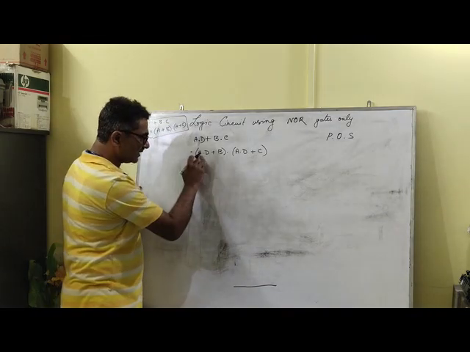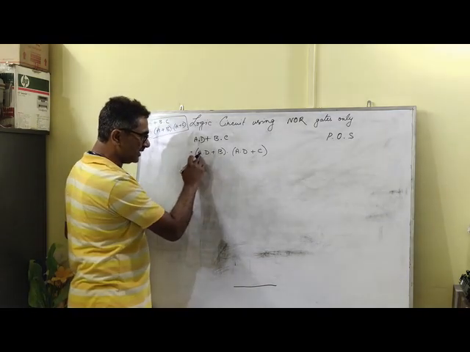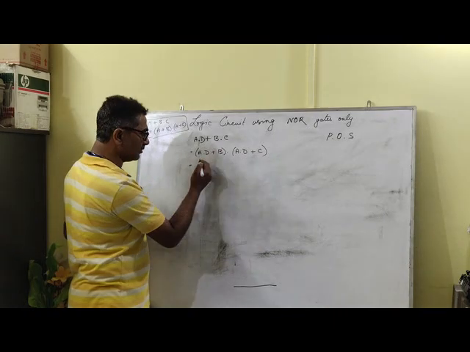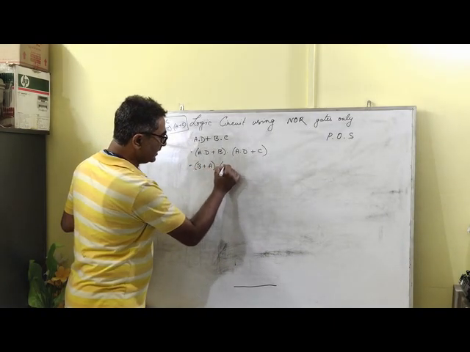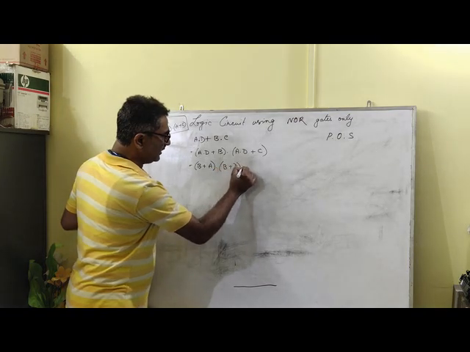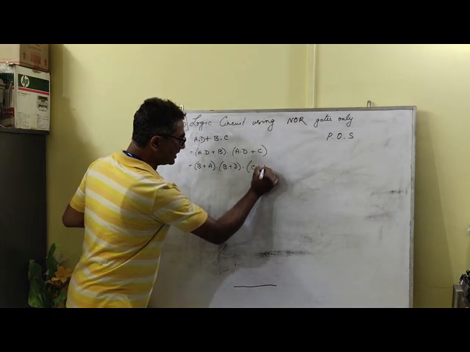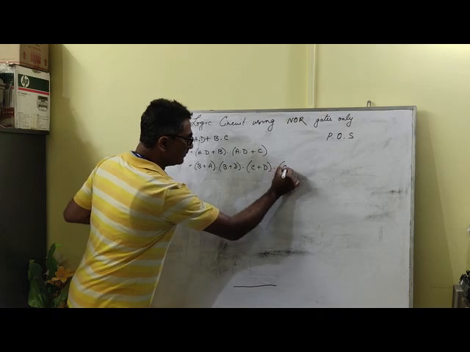This is A and this is B, this is C. So A plus B dot A plus C. That is how we are going to break it out. So B plus A dot B plus D. Similarly, what do we have? C plus D dot C plus A.